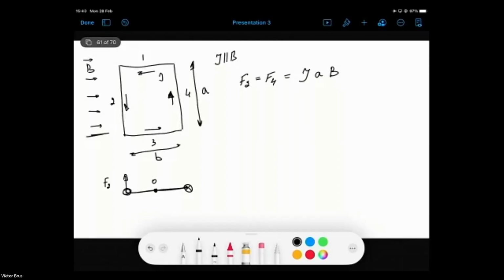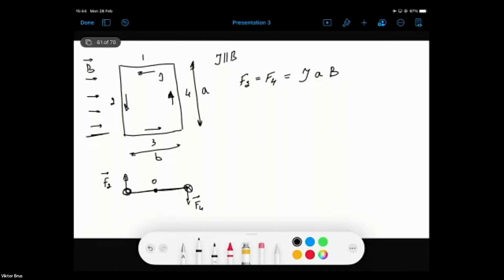This is the F2 vector, and there will be another force acting on segment 4, pointed down here. So it will be F4.